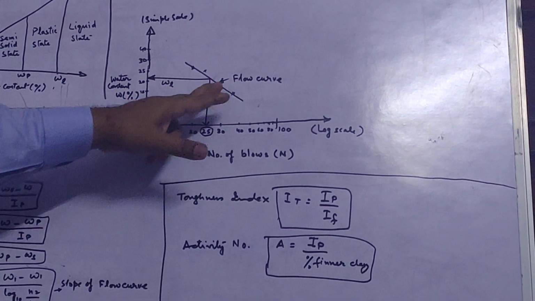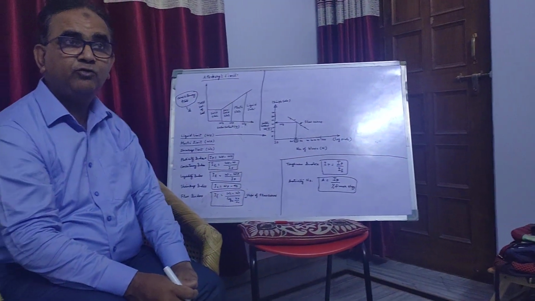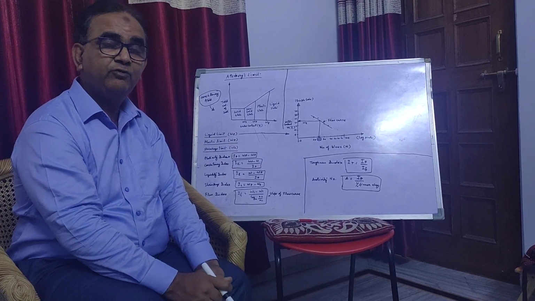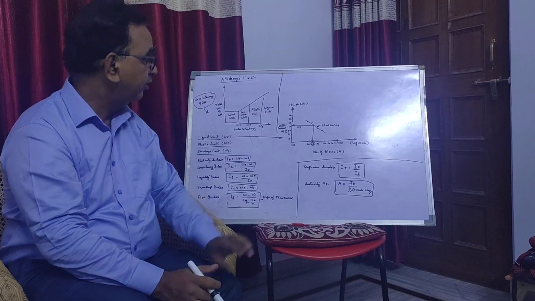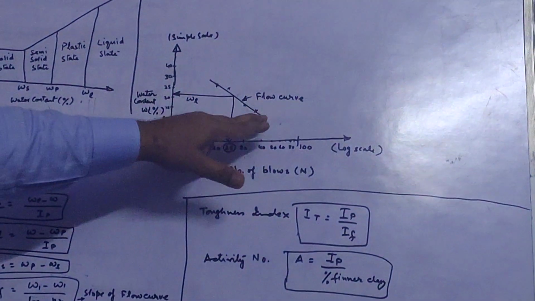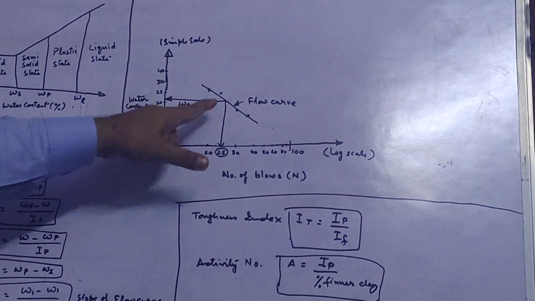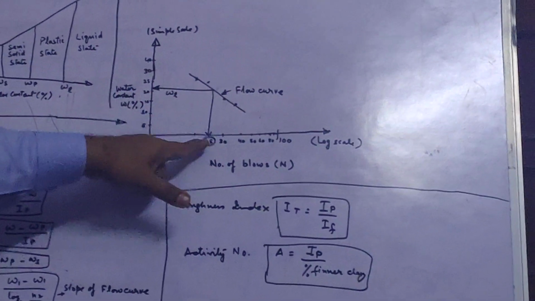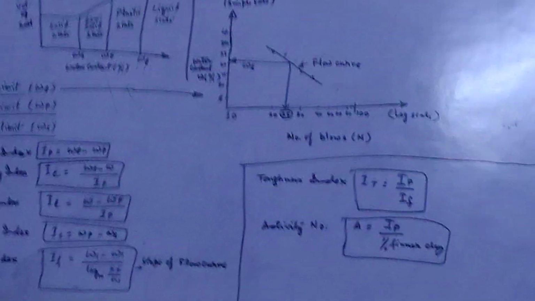So these are the 4 values on both sides of the 25 number, because we have to find out the value at 25 number of blows. So we made this curve with these 4 points. We made this flow curve, and from this flow curve, at 25 number of blows, we record this water content, which is the liquid limit.